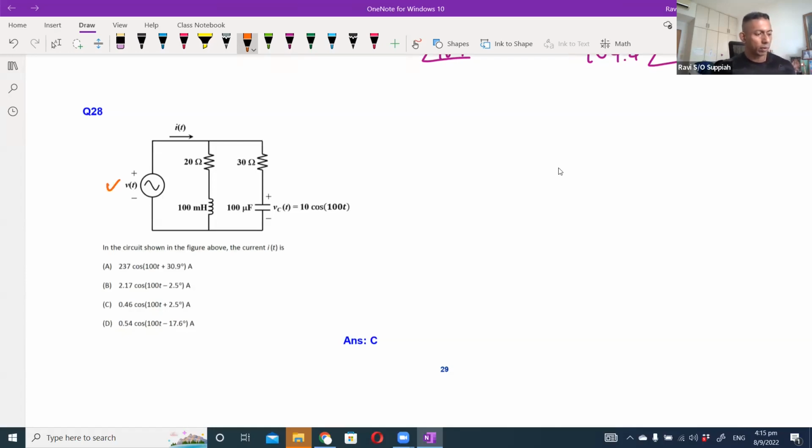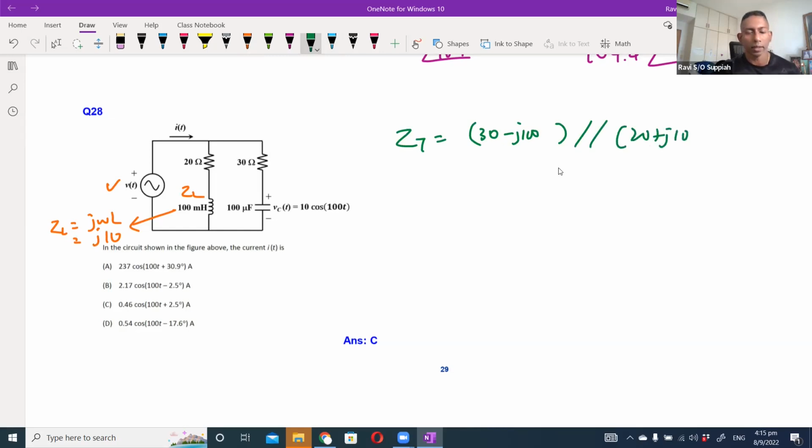To find I, what we need to do is to find the total resistance. We know that this is 100 millihenry, so the impedance ZL will be given as j omega L, which will be j10. The total impedance in this case will be 30 minus j100, in parallel with 20 plus j10.